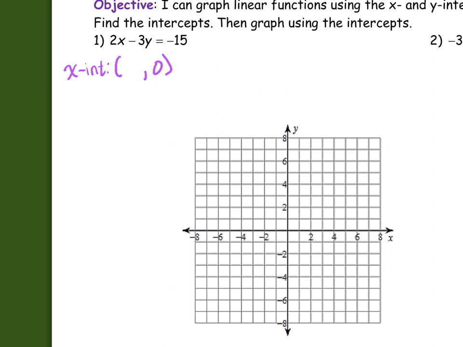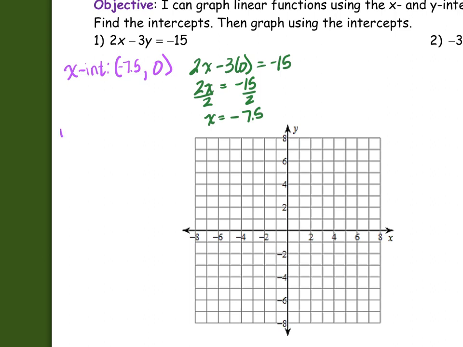So I've got 2x minus 3 times 0 equals negative 15. Oh, this is lovely. Okay, so then I get 2x equals negative 15. Divide by 2, and x is going to equal negative 7.5. Okay, so negative 7.5.